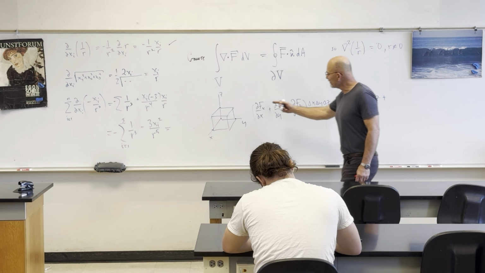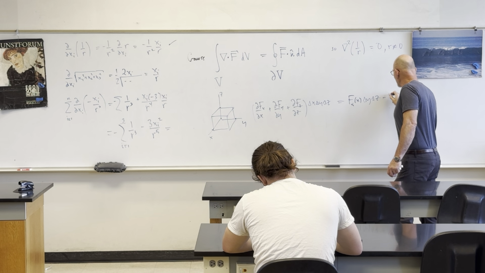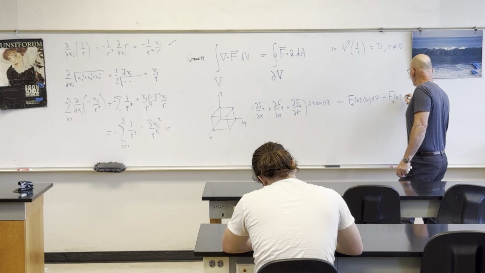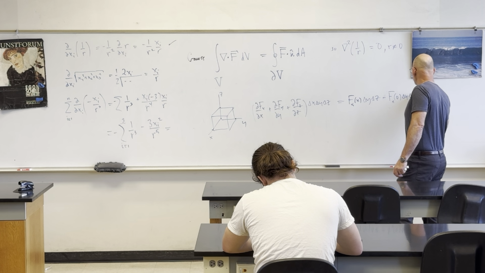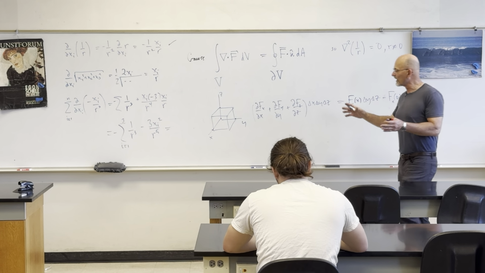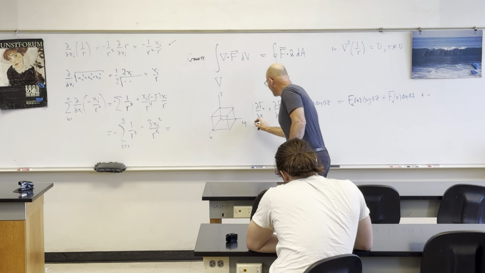So that would be one face minus f_x of 0 delta y delta z, and then you have the other four faces as well. So that's a front face and a back face.